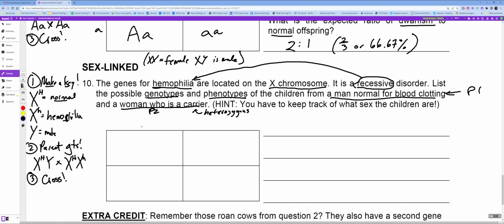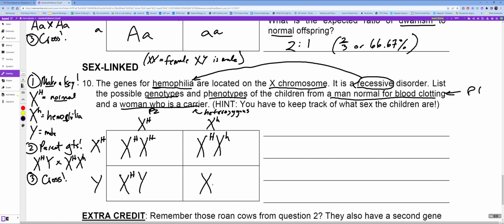Okay, we'll put the woman up top here, X big H, X little h, and then we'll put the man on the side, X big H and Y. Okay, first square here we get X big H, X big H, X big H, X little h, and then X big H, Y, and X little h, Y. So there's kind of two things we're looking at here.